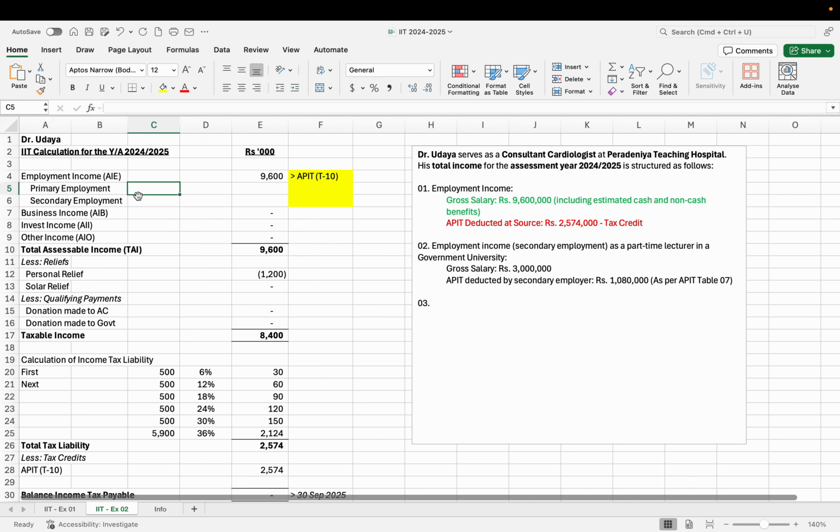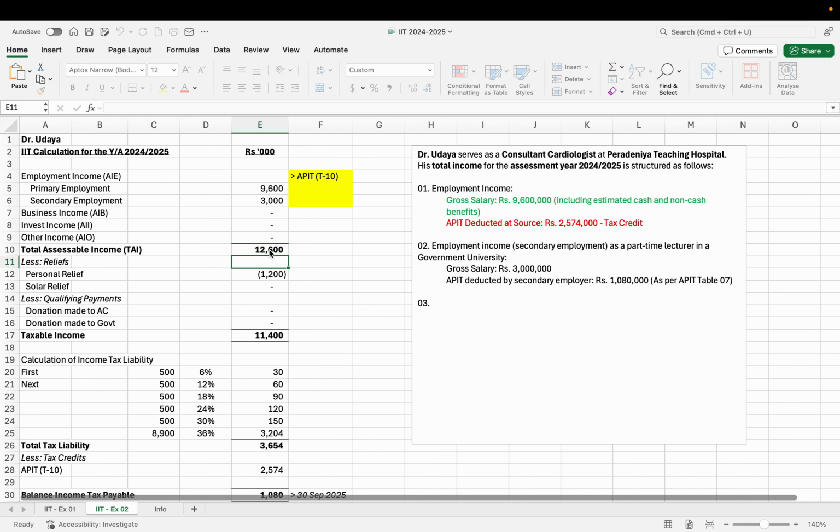This one I will delete. The primary employment is 9600, the secondary employment 3000, altogether 12600.